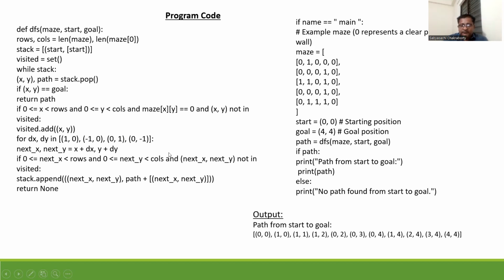Either the row increases and the column remains fixed, or the row decrements and the column remains fixed, or the column increases and the row remains fixed, or the column decreases and the row remains fixed. The row-wise movement is dx. The column-wise movement is dy.